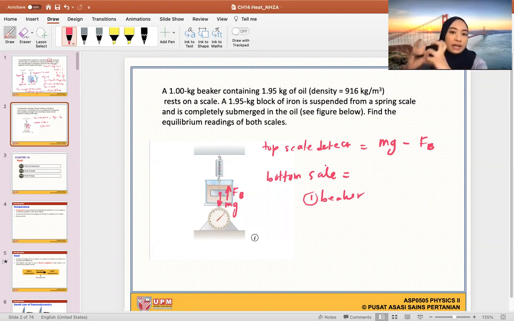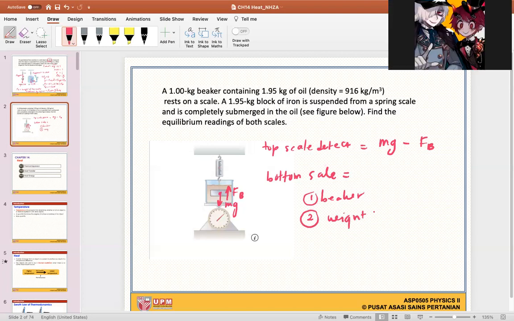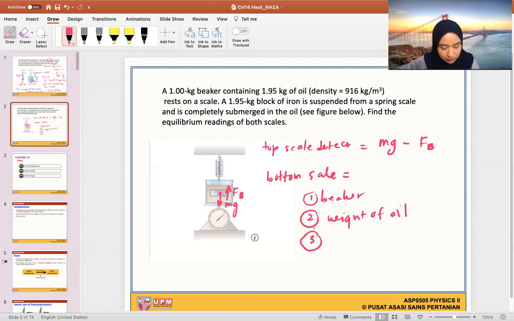Because it's attached to the iron, it will feel the buoyant force. The bottom scale, however, detects the beaker because the beaker is on top of it. So it is in contact, so it detects that. That's the first one. Second one, it detects the weight of the oil. Number three, it detects FB but going down.